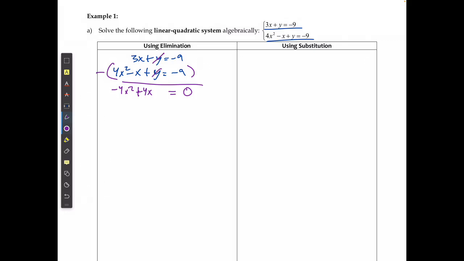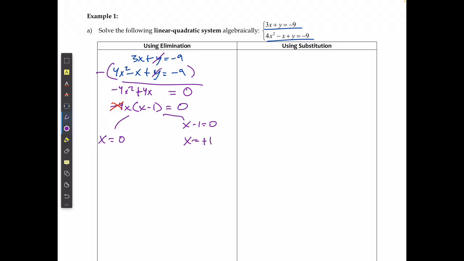Now I can solve this quadratic equation. They have a common factor of negative 4x, and I'd be left with x minus 1 is equal to 0. As I already know, when I'm solving this, negative 4 can't change what the x values are, but I am going to have the possibilities of, on the one side, x would equal 0, on the other side, x minus 1 would equal 0, so x would equal negative 1.